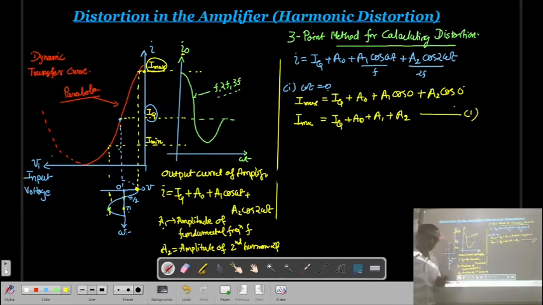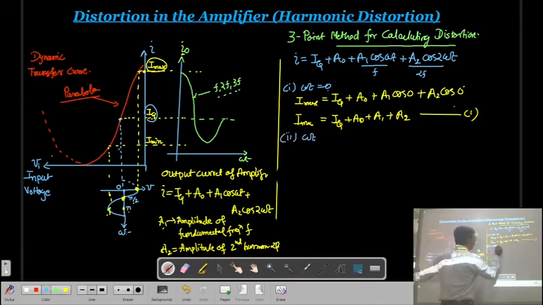We can say that this is my expression number 1. I am taking the first point. Now, what is my second point? That omega t is equal to pi by 2. And at that time, how much current is flowing in the amplifier? That is IQ. So the second point is omega t is equal to pi by 2.